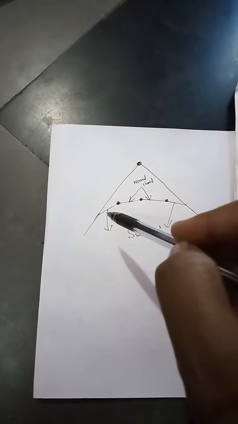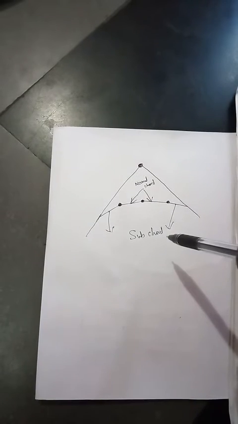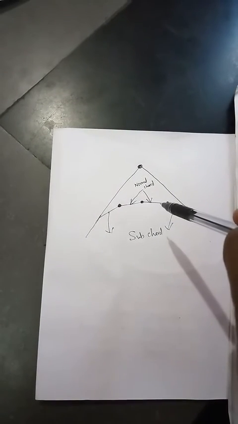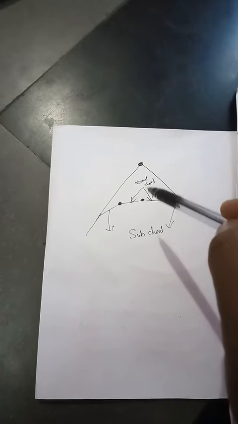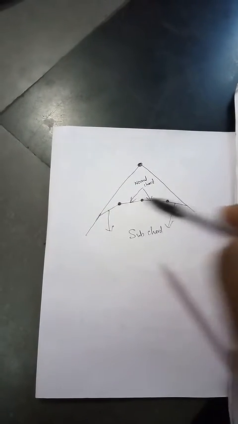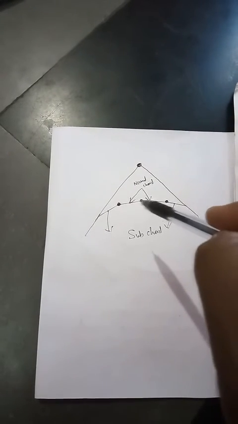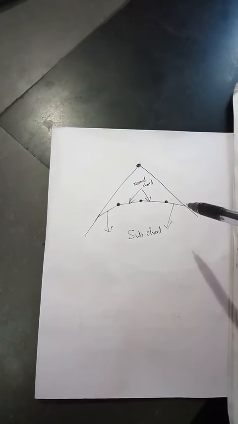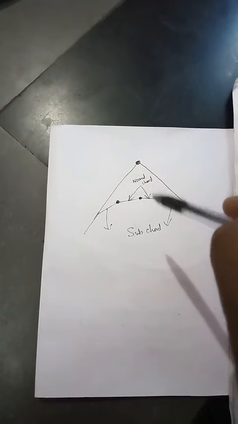The first chord and last chord indicate subchords, and the chords in between are known as normal chords. Once again I am repeating, the first chord and last chord are known as subchords, and in between them, the chords are known as normal chords.